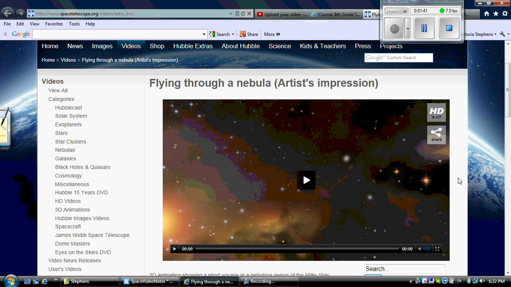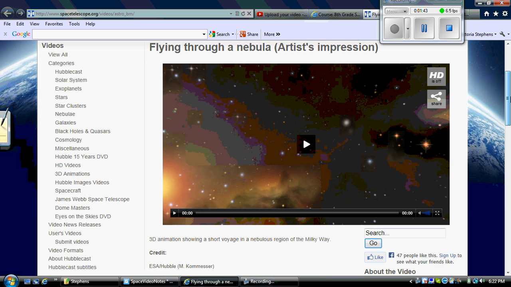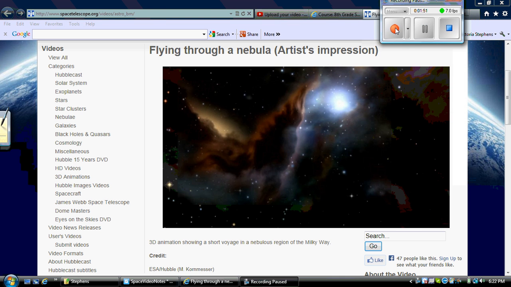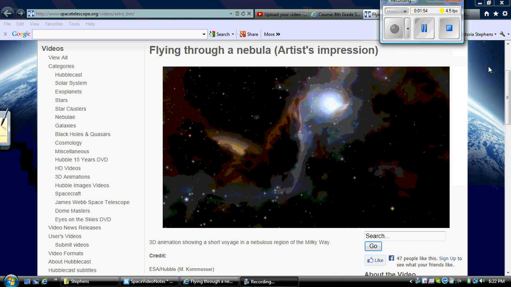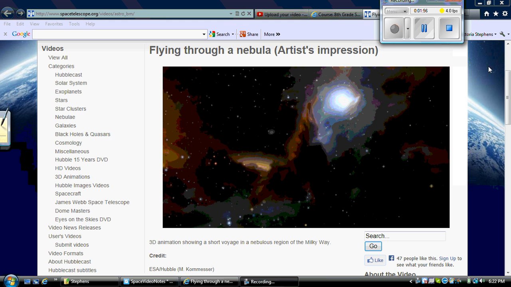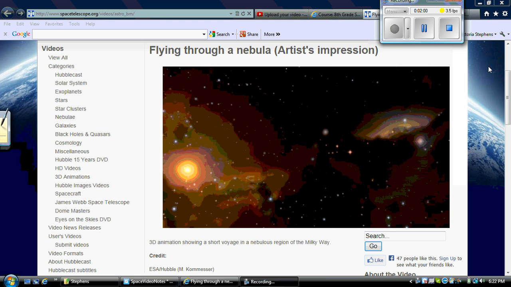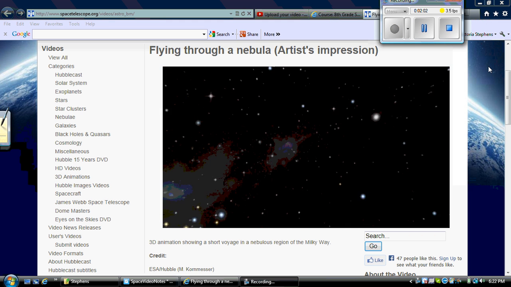Okay, so we're going to watch a short video that is an artist's impression of flying through a nebula. A lot of gas and dust. You can see individual stars already forming.